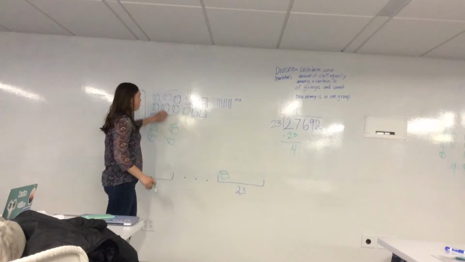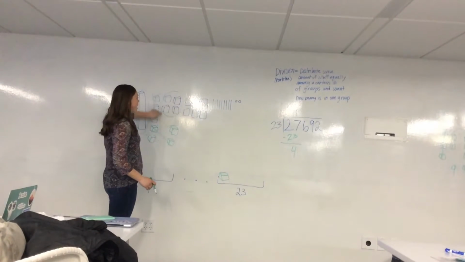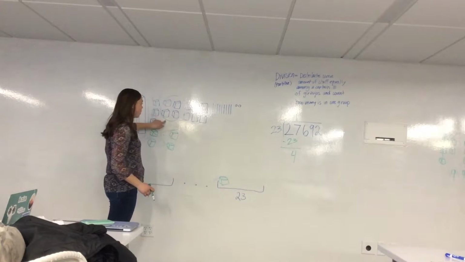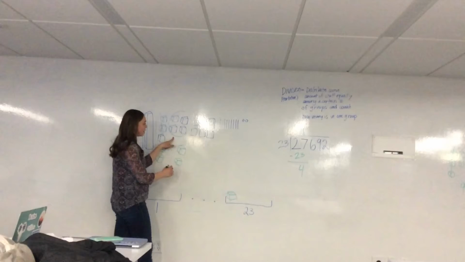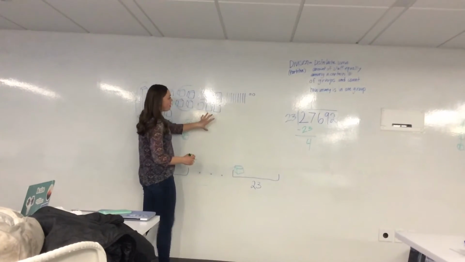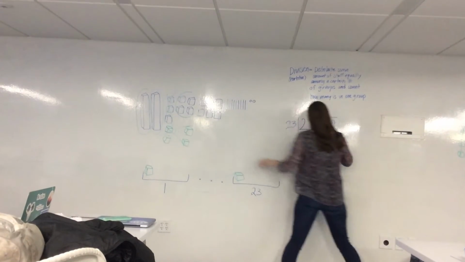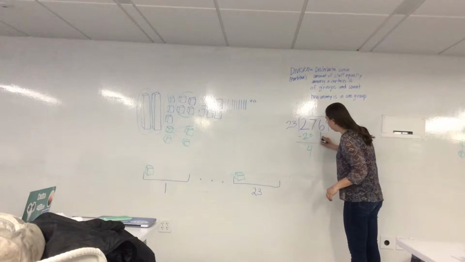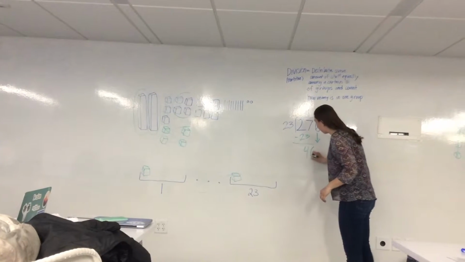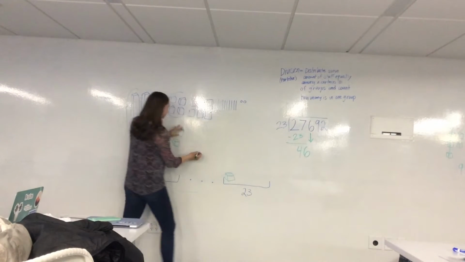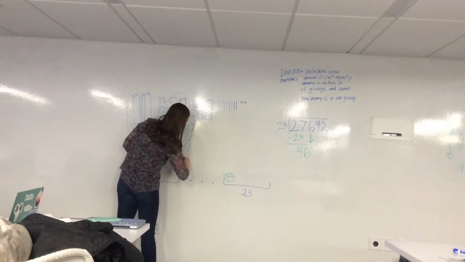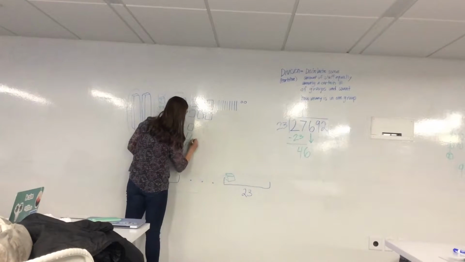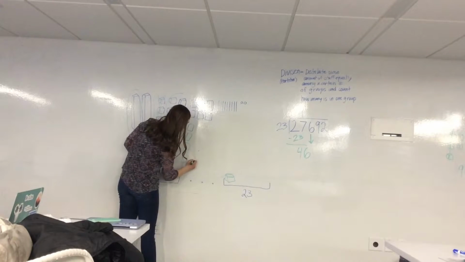So next we're going to break down these super cubes. Because we can't divide them equally, we need to break them down into a smaller unit, our flats, and that's the same as bringing down this 6. Once we break down these 4 super cubes, that's going to give us 46 total flats.